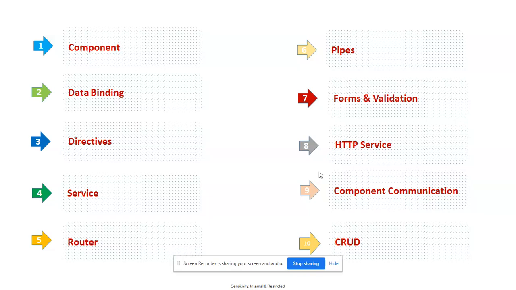Already in our previous video, we have discussed how to make RESTful web services by using Spring Boot. The same way, at the end of this series of videos, we'll see how to make RESTful web services by using Angular. So finally, these are the topics we are going to discuss in this series.